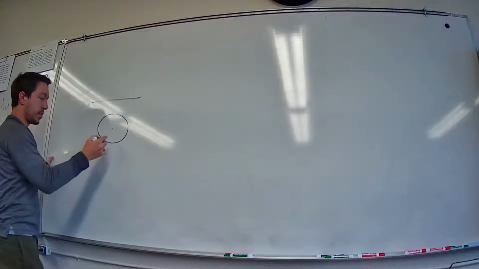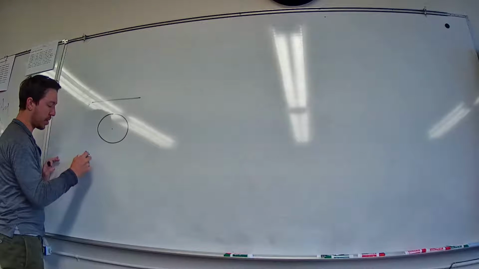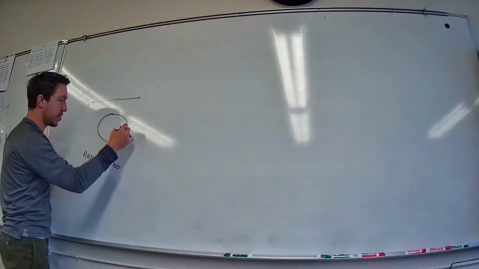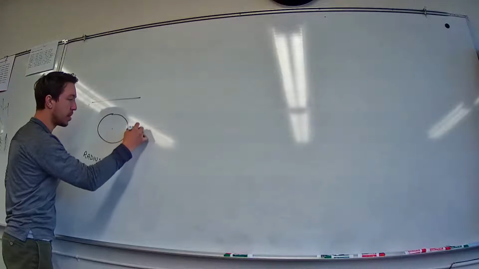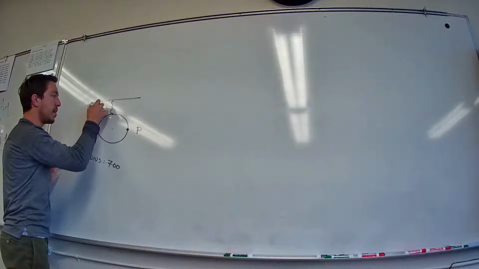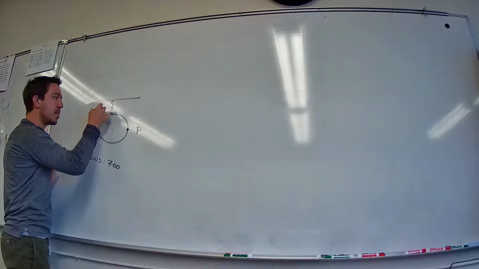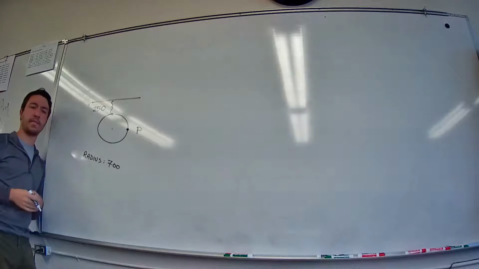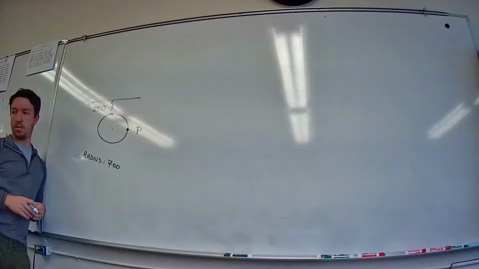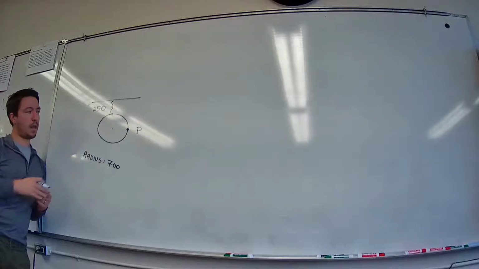The racetrack has a radius of 700. Let's answer some really simple questions off the bat. It says that the wall is 250 units away from the north end of the track. You feel okay about all that? Yeah.